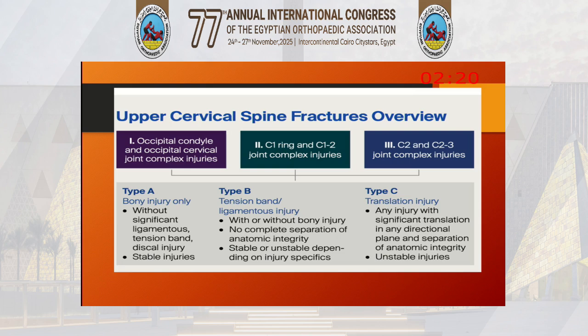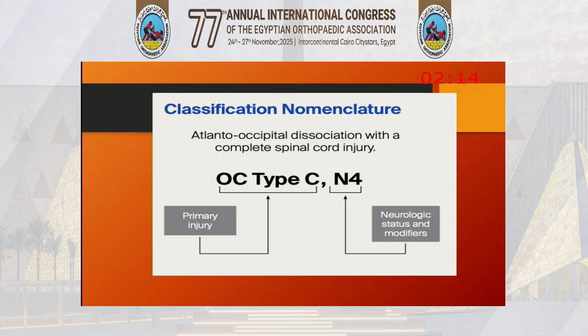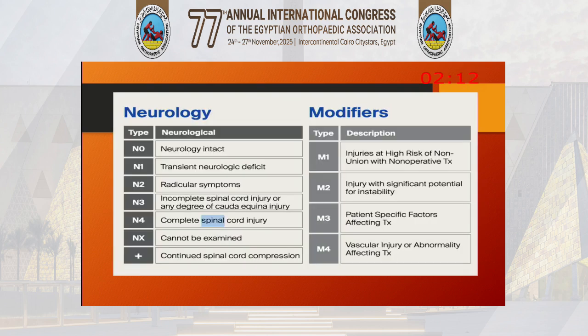As we see here, the occipital condyles, the C1 ring and C1-2, C2-3, and they also added other modifiers, the neurological modifiers and the medical modifiers. M1, injuries at high risk of non-union. M2, high risk of instability.